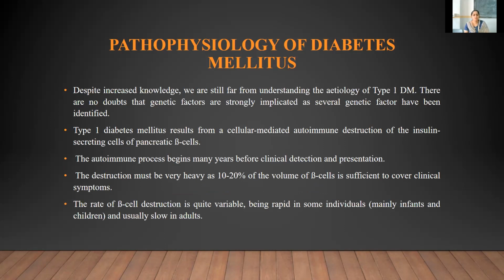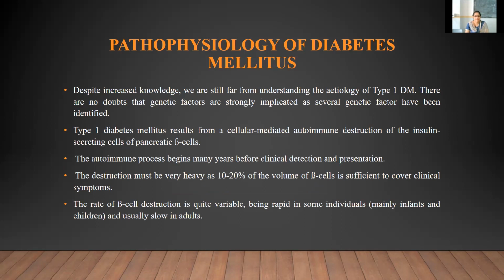Now, pathophysiology of diabetes mellitus. Despite our increased knowledge, we are still far from understanding. Even now, we are not very clear in understanding type 1 diabetes mellitus. Of course, there is no doubt that genetic factors are strongly implicated, as several genetic factors have been identified. It is now almost clear that type 1 diabetes as well as type 2 diabetes is genetic.